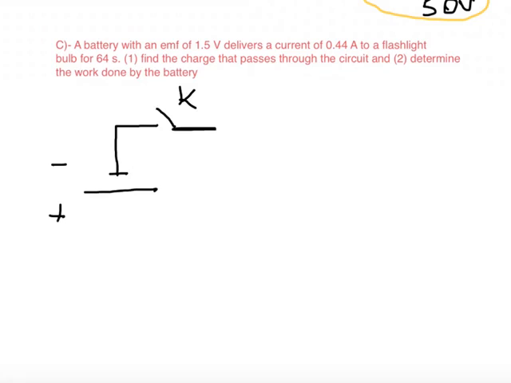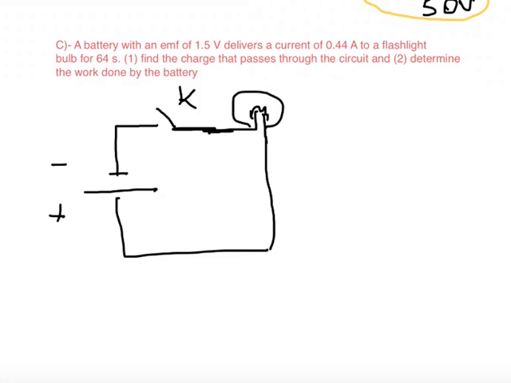And this is about a flashlight, so I'm going to put a lamp here, and we will connect it to the other side of the battery, this way. That's an electric circuit.